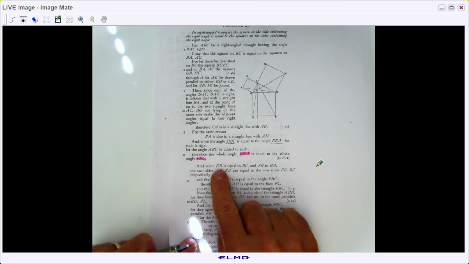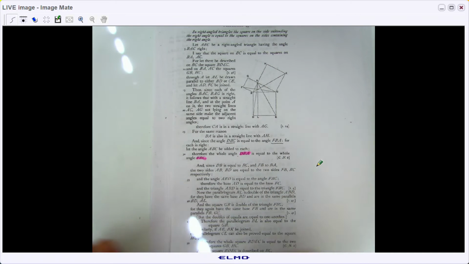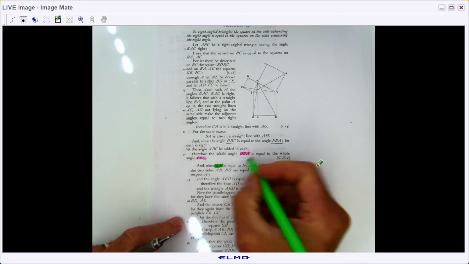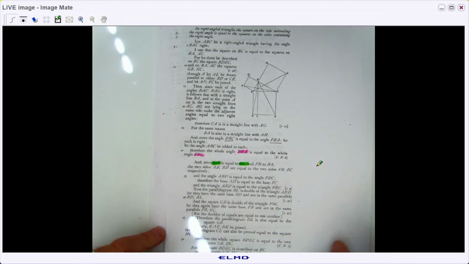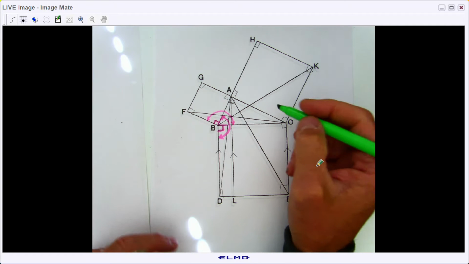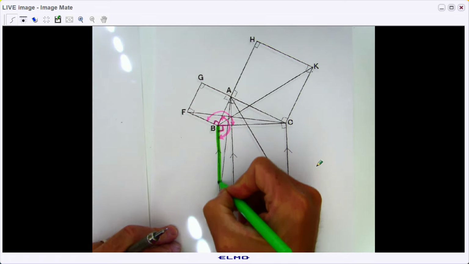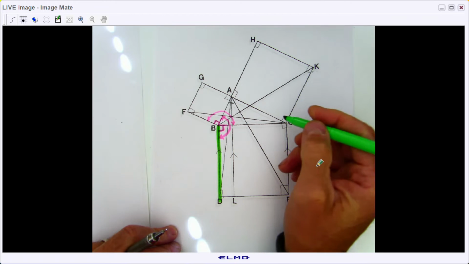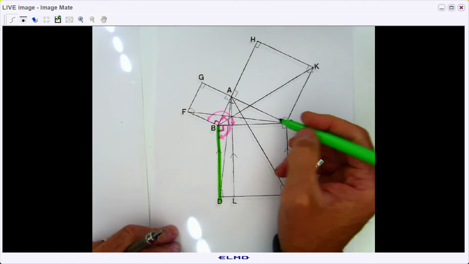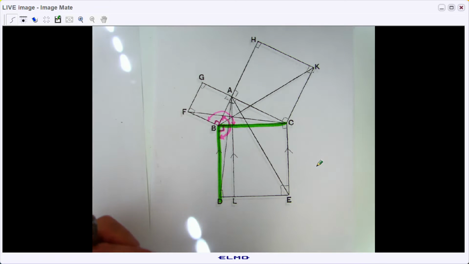And since DB is equal to BC and FB to BA, let's try that. Let's see. DB is equal to BC. Certainly agree with that.